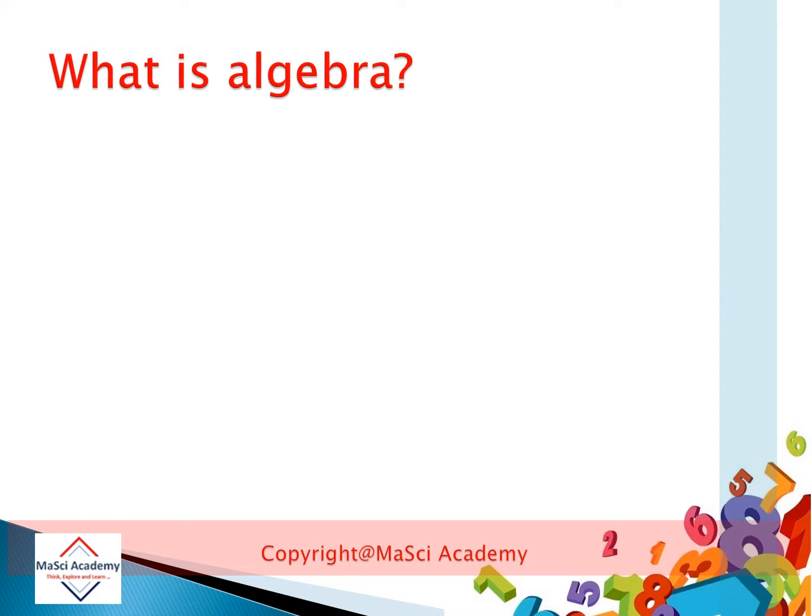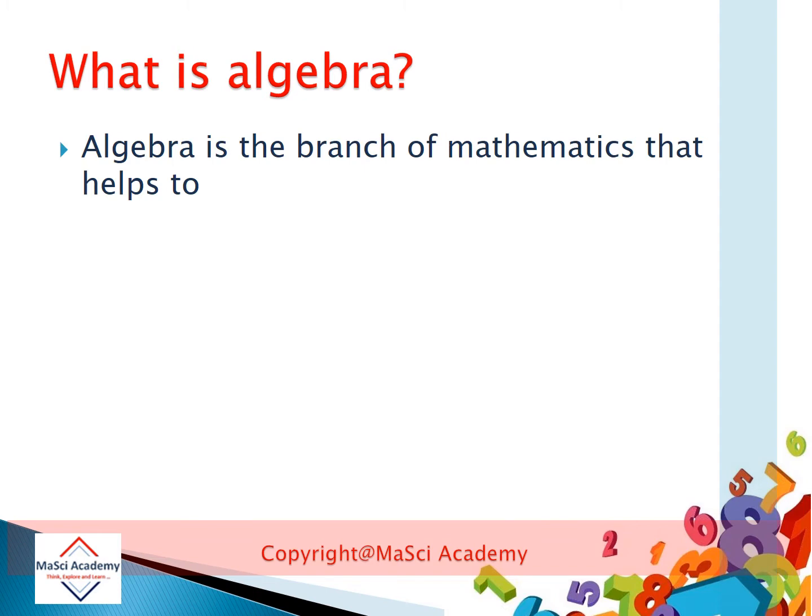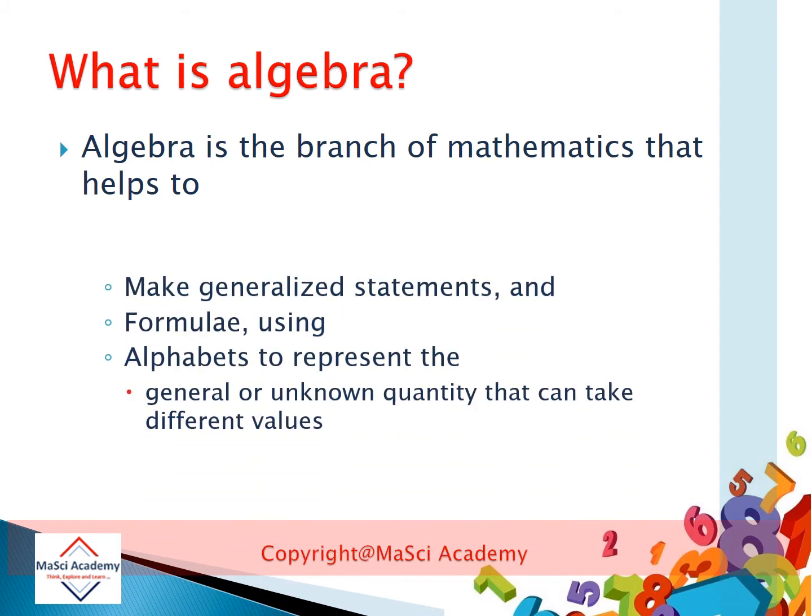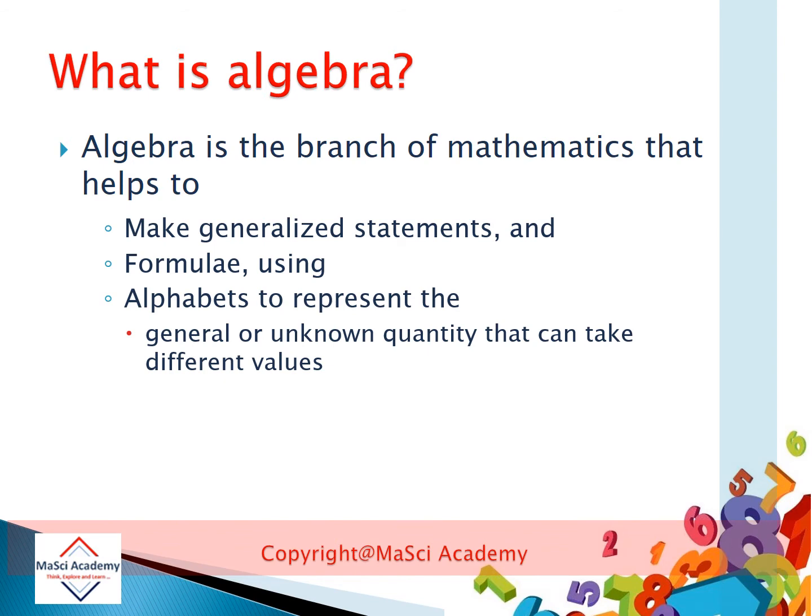So what do we learn here? What is algebra? Algebra is the branch of mathematics that helps us to make generalized statements and formulae using alphabets to represent the general or the unknown quantity that can take different values.